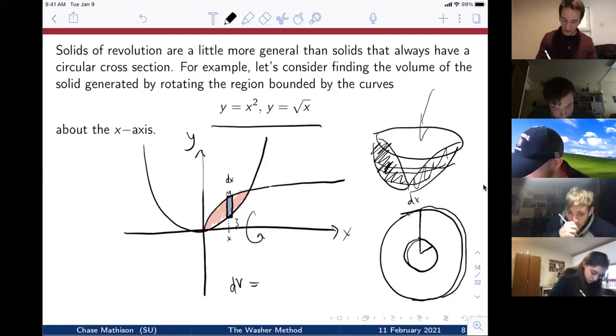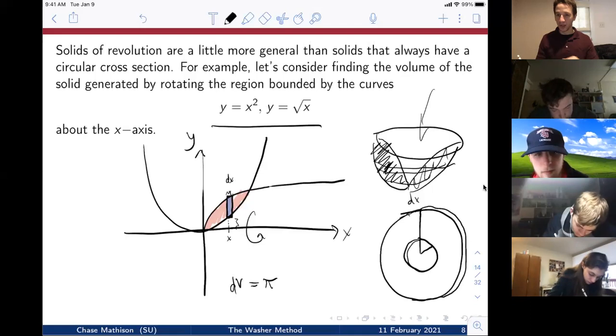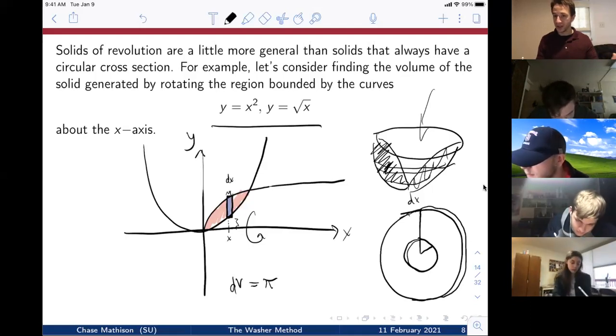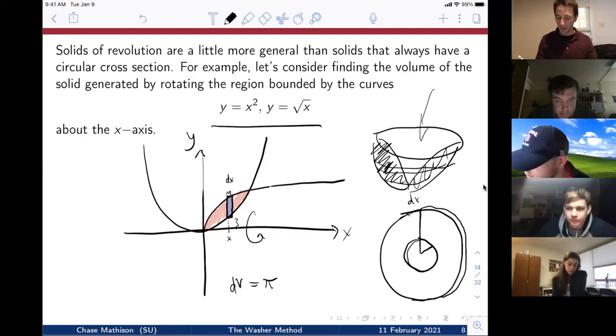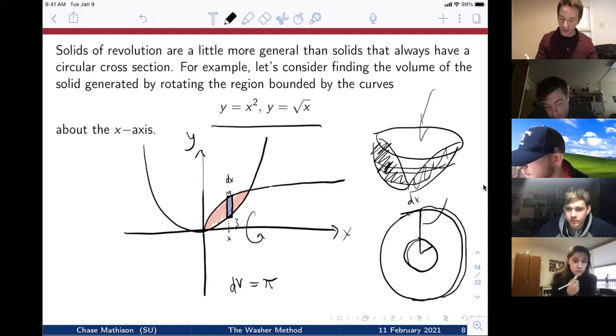like Mark said. I'm going to find the volume of, let's pretend that there's no hole in this shape. Then what would that volume be? Well, just like before, it's pi times the radius squared. So what is the radius of the bigger circle?